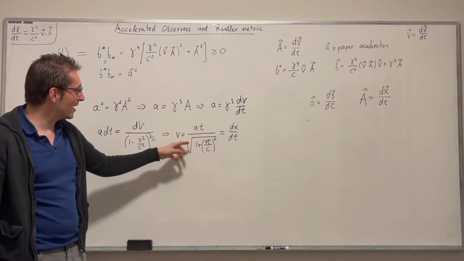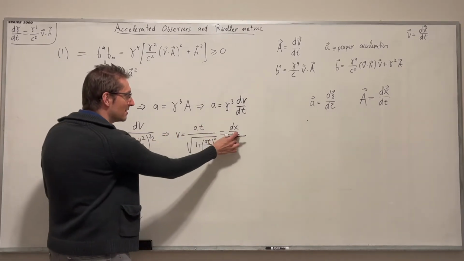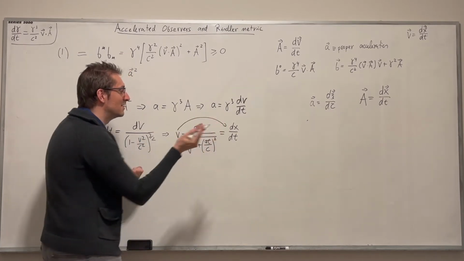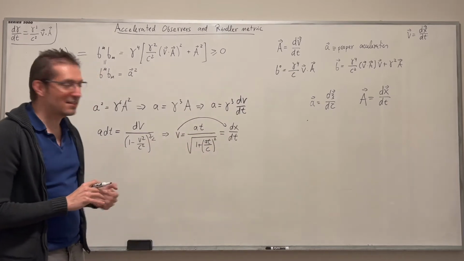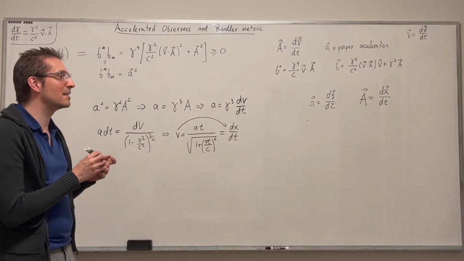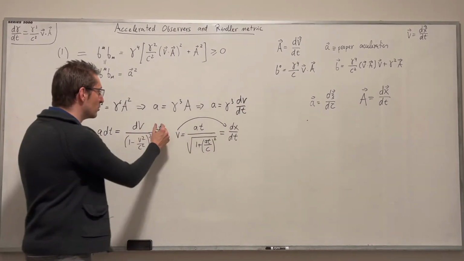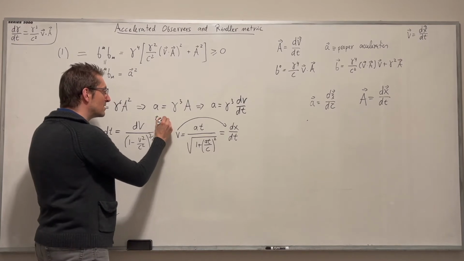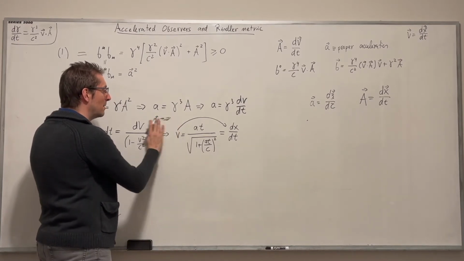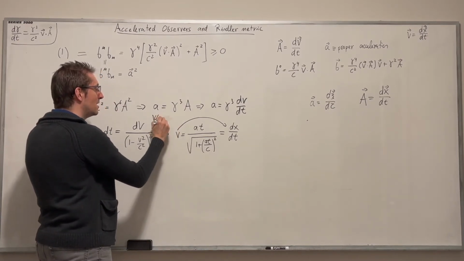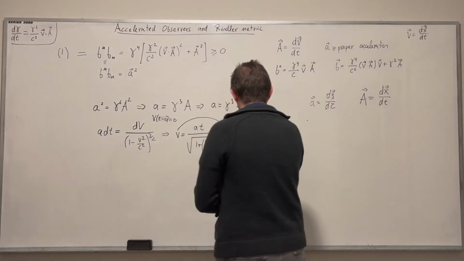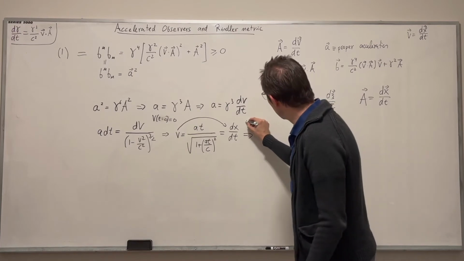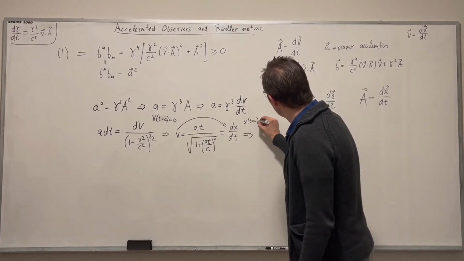And I can integrate it again, because v is certainly dx dt, right? So now I have dx dt, so I can integrate this, assuming that at t equals 0, v of t equals 0 was 0. We can now integrate this one, assuming that x of t equals 0 is 0.